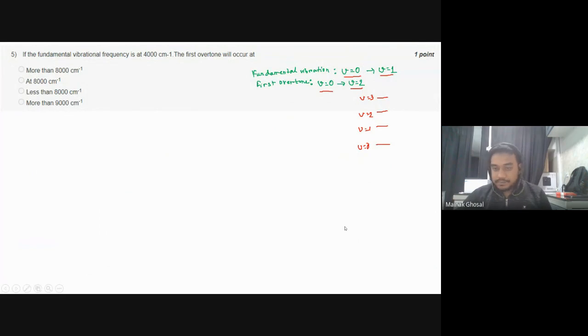Okay, so coming back to this one, suppose I have V equals 0, 1, 2, 3, 4 different levels. Suppose I have the simple harmonic oscillator approximation. It says that the energy difference between two states will always be constant, equal to h nu.